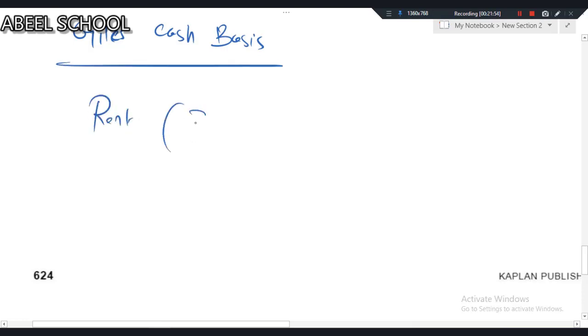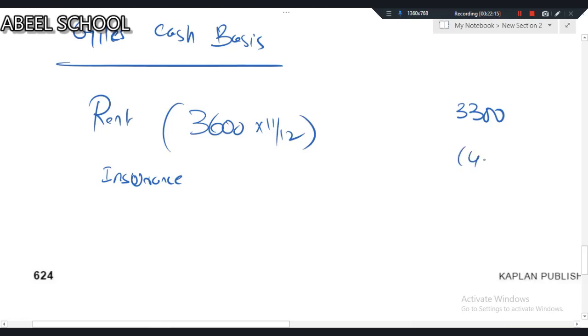Rent for the entire year is 3,600, but we'll take only 11 months, because the last month rent was received in another tax year. It comes to 3,300 rent. Insurance was paid in June 22, and June 22 falls in the tax year 22-23, so insurance amount will be deducted, which is 480.